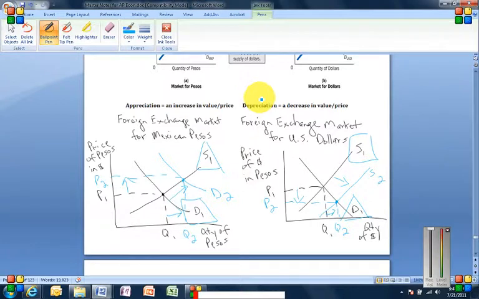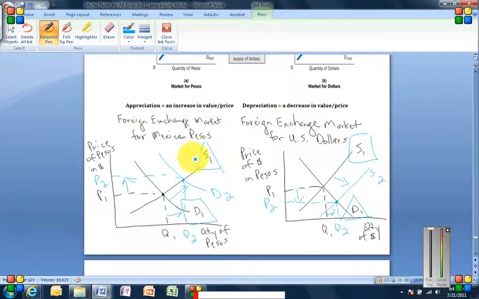Let's say that we didn't have this kind of an example. We had a different example where Mexicans were supplying their currency in order to get US dollars and buy American stuff. Well, then their supply curve would shift to the right, so you would draw S sub 1 shifting to the right to S sub 2. Then of course the price or the value of the peso would decrease, it would depreciate in value.